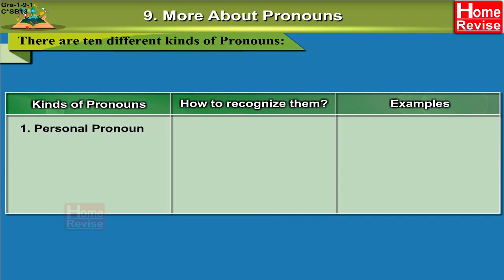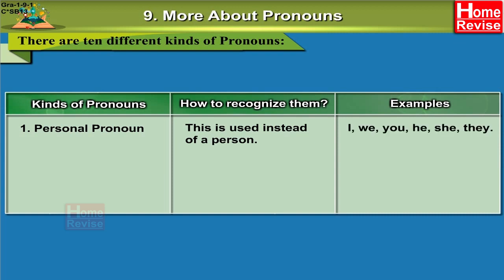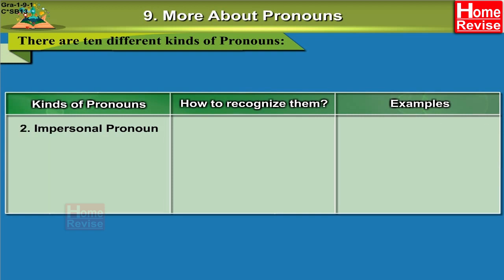1. Personal pronoun. This is used instead of a person. Example: I, we, you, he, she, they. 2. Impersonal pronoun.